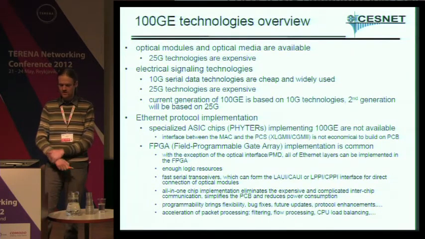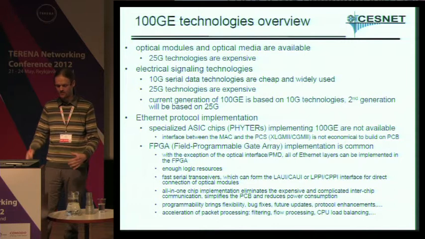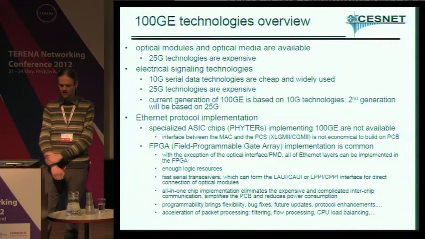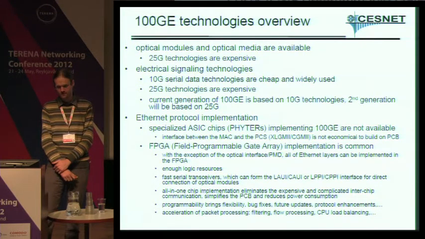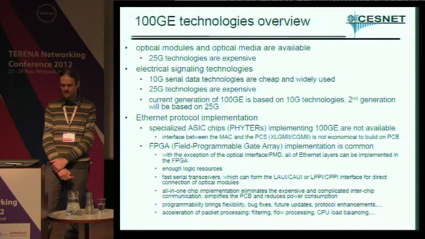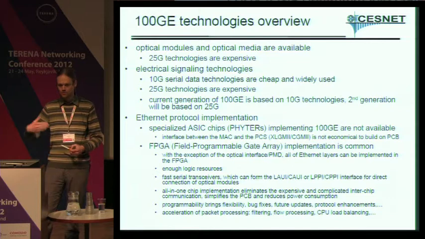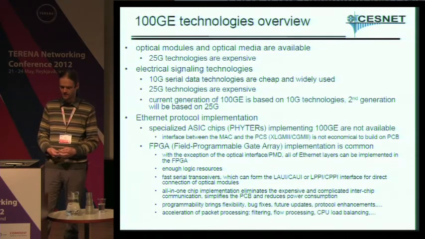The current FPGAs, with the exception of the optical interface, can do the whole Ethernet layer stack. They do have enough logic resources today, and they have fast serial transceivers which can form the interface to the optical module, where the signal is just converted from electrical to optical and back and forth.